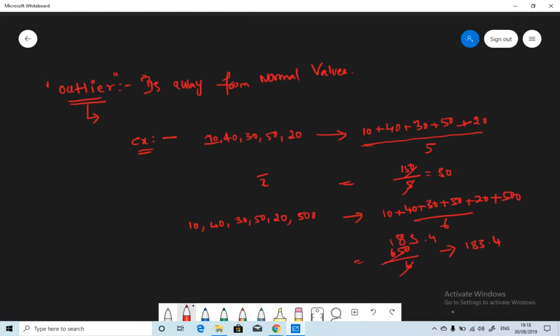Here, x bar is 30 and x1 bar, the average, is about 108. Every data point is the same; only the addition of 500 differs.